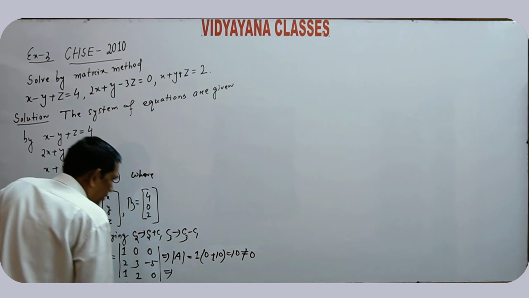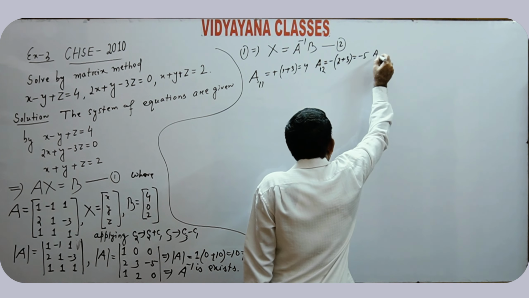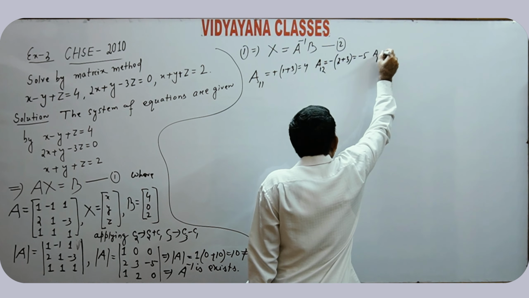Deleting the first row and the second column, it gives 2 into 1 minus of minus 3, that is 2 plus 3... equal to minus 5. A13: deleting the first row and the third column, 2 minus 1 that is equal to 1.